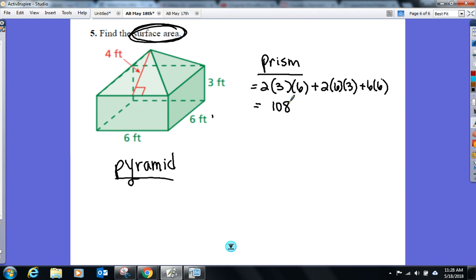Just find the what, Will? Lateral area, because the base is being covered up. So how many triangles? 4 triangles. 1/2. What's the base of one of them? 6. Everyone see 6 feet here? 6 feet, times its height, or in this case, the slant height, 4.